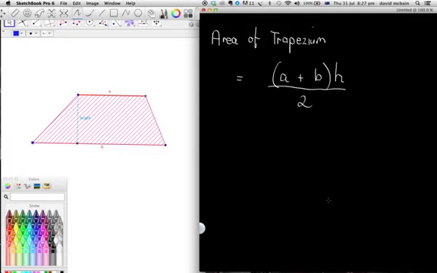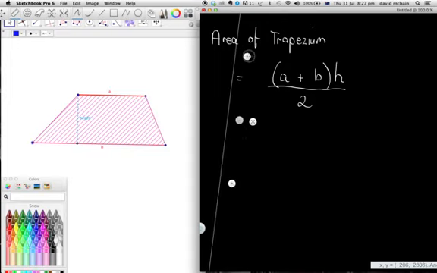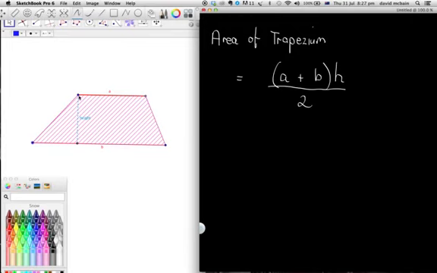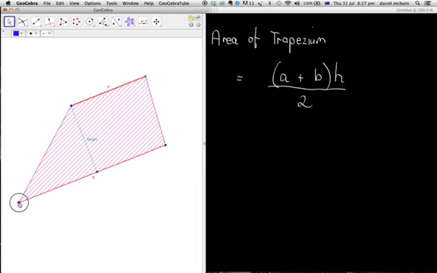So if we had a trapezium that looked like this, actually we'll just use this one over here. Let's say it looked like that. Okay, there's our trapezium.